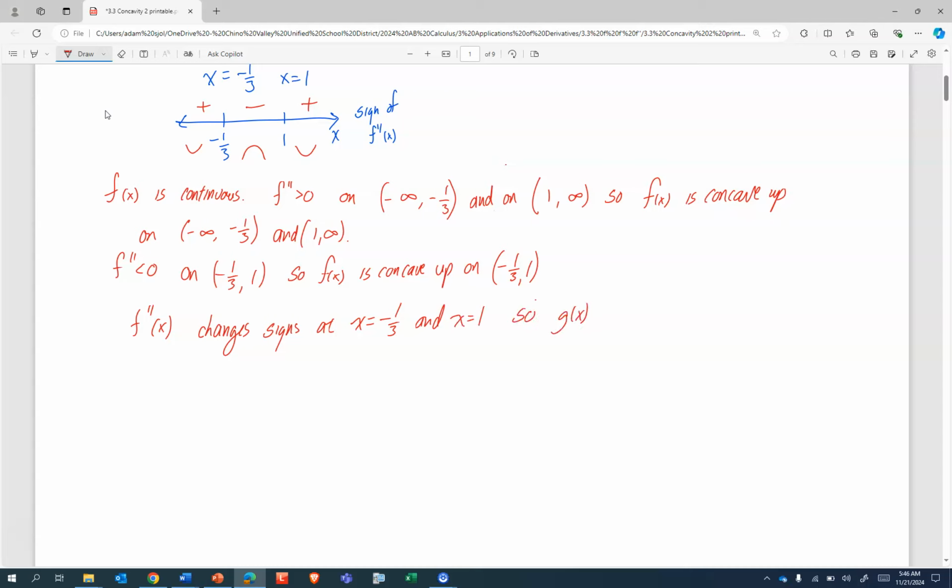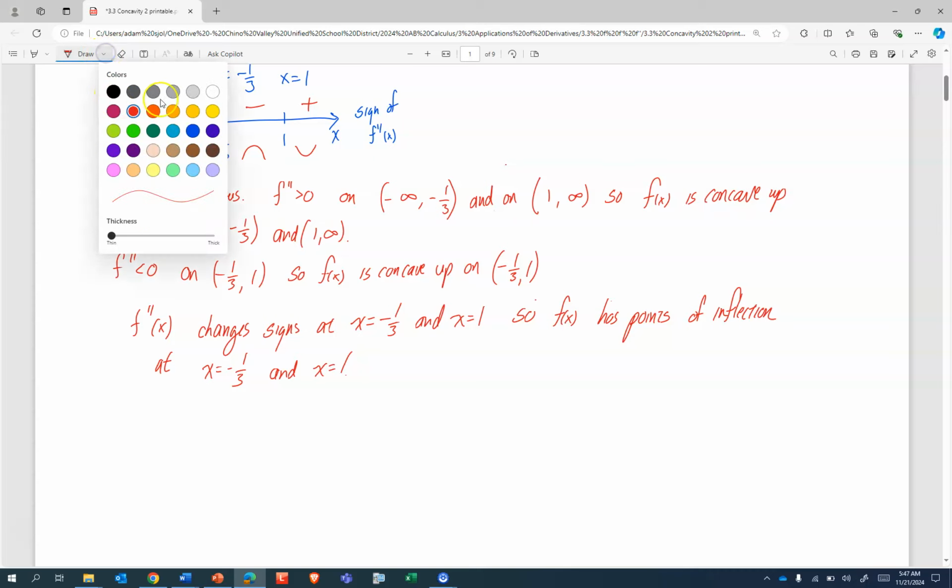So f of x has points of inflection at x equals negative 1/3 and x equals 1. Okay, I think that's pretty straightforward, but that was a polynomial, so let's find a harder one.